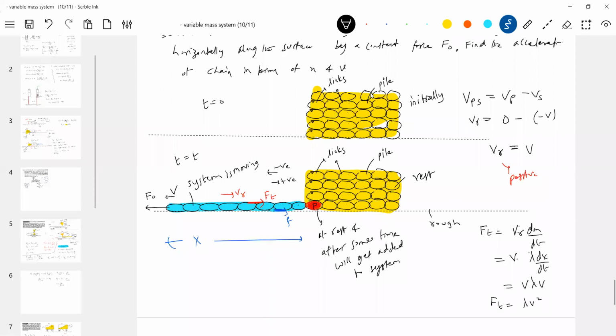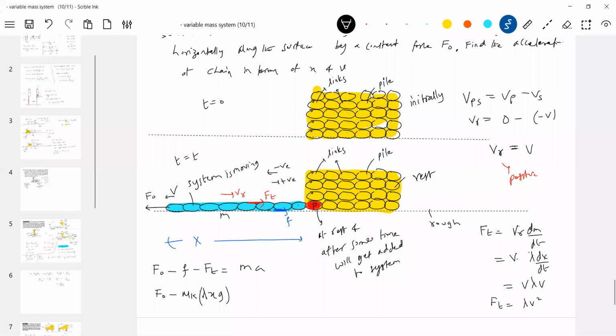Let's write the equation now. F naught minus friction minus thrust force equal to ma. What is m? The mass of this part of the chain. What should be the friction? Mu k into lambda x into g.